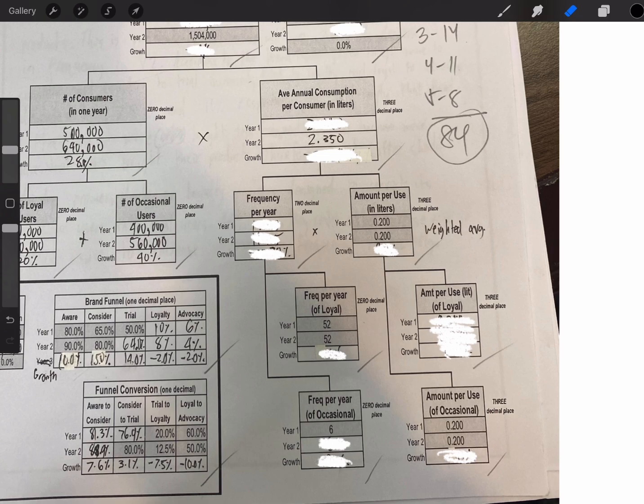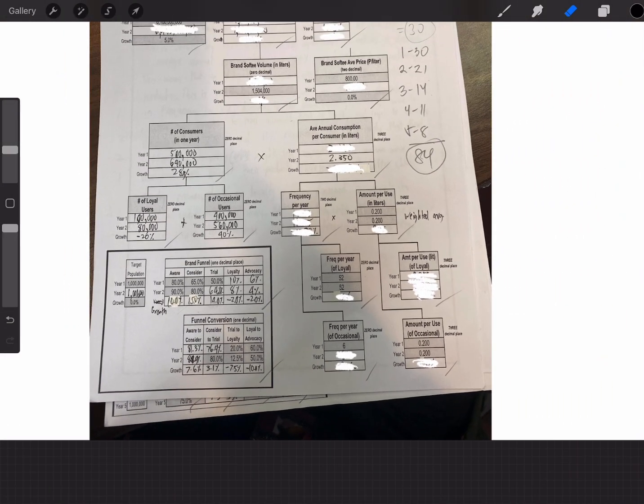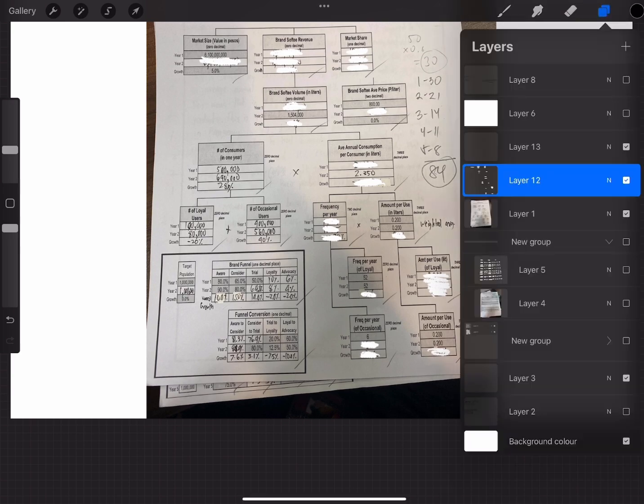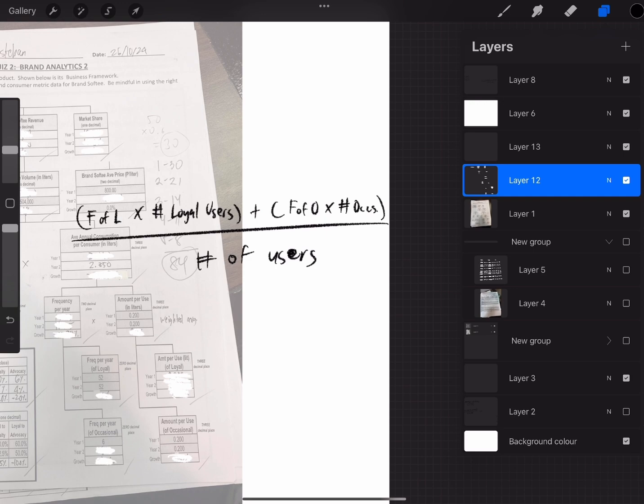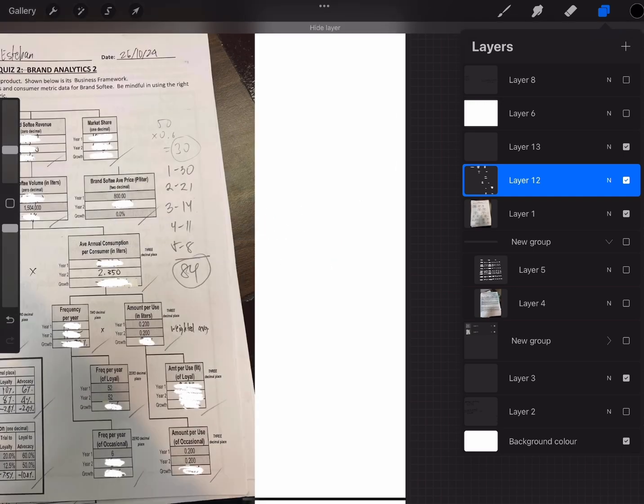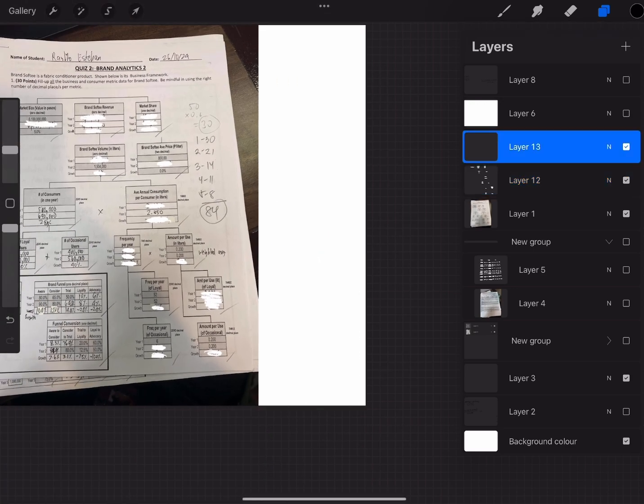So frequency per year can be solved using this formula that we wrote earlier. Now we're just going to input those values.